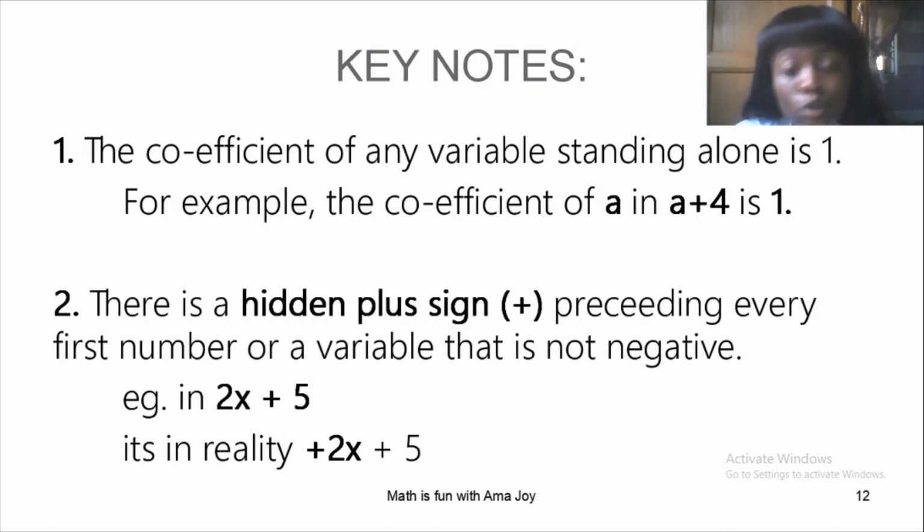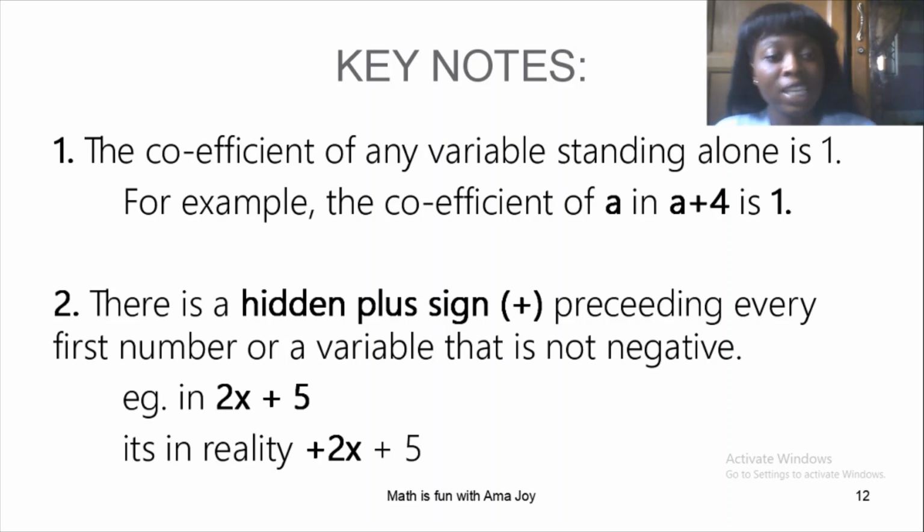So a is not a constant, a is a variable. In this case, we can't see 2a or 4a or 5a, we just see a. 1 is preceding it, so the coefficient of a in this example is 1. In a question, we'll be needing this keynote in the next lesson. This is a very, very crucial part of algebra, so you have to pay careful attention to this.